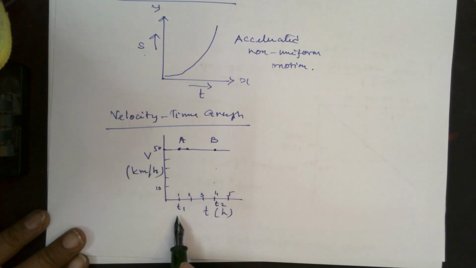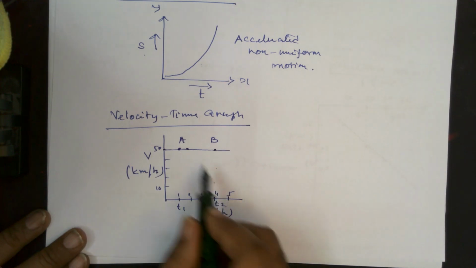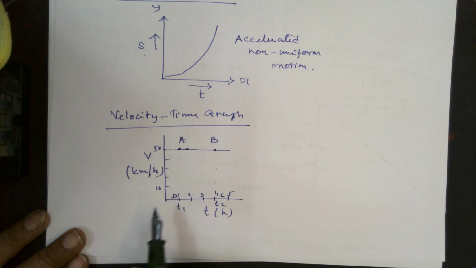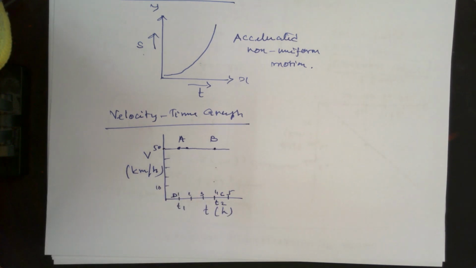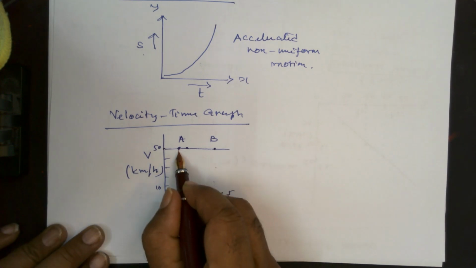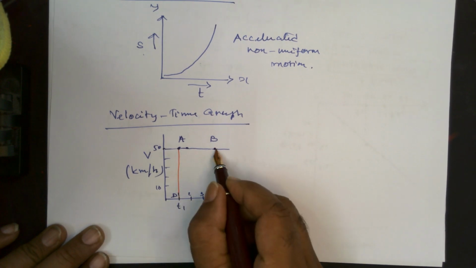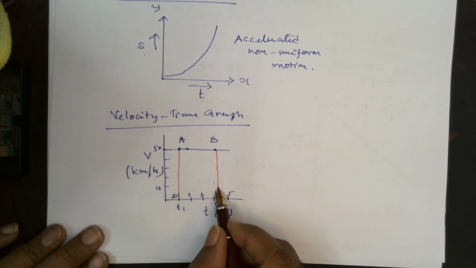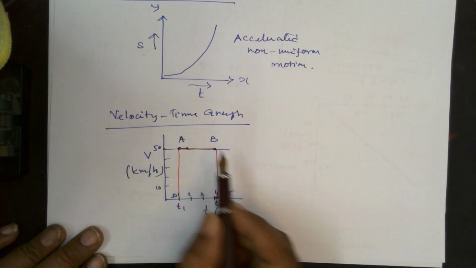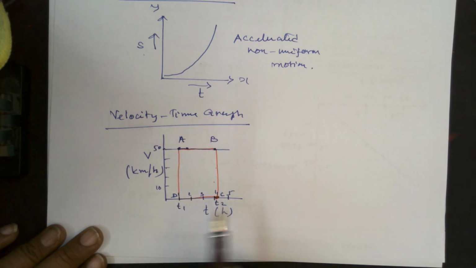Now, this is A, B, C, and this is D. Now, what you can do is, you can draw AD and BC here. Okay, and this is the rectangle you are able to get.